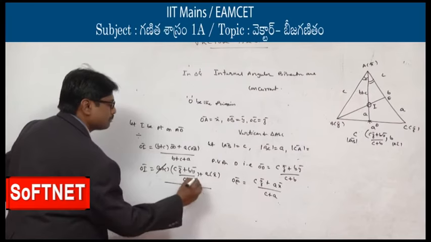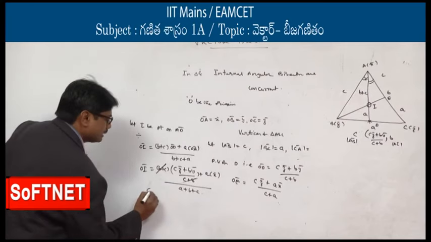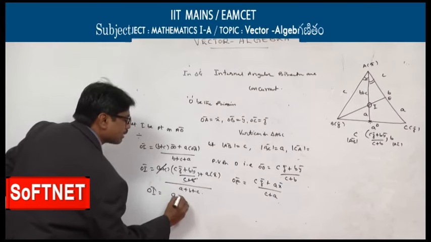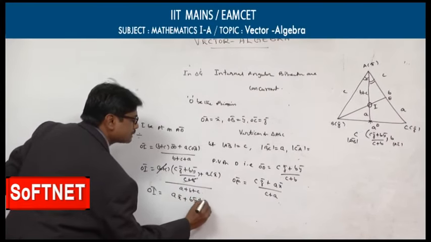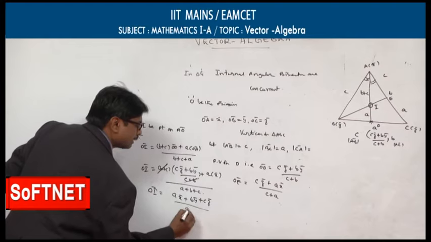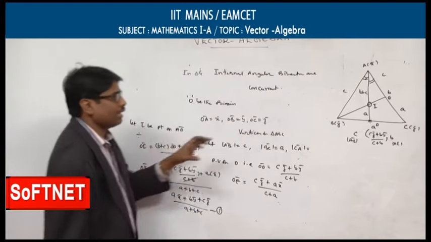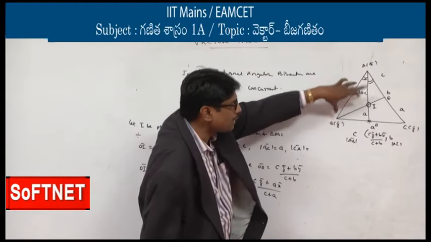So if you cancel B plus C, the position vector OI bar will be equal to A into X bar plus B into Y bar plus C into Z bar divided by A plus B plus C. Name it as equation number 1. We calculated the position vector of a point on AD.